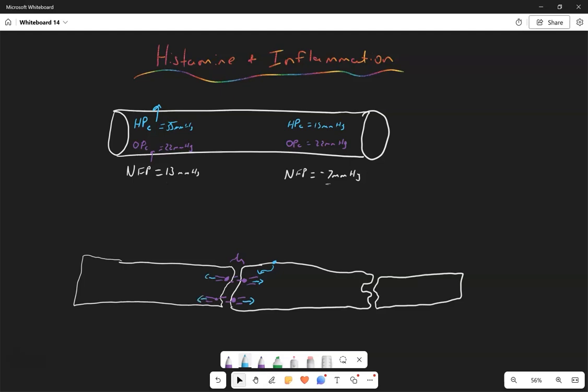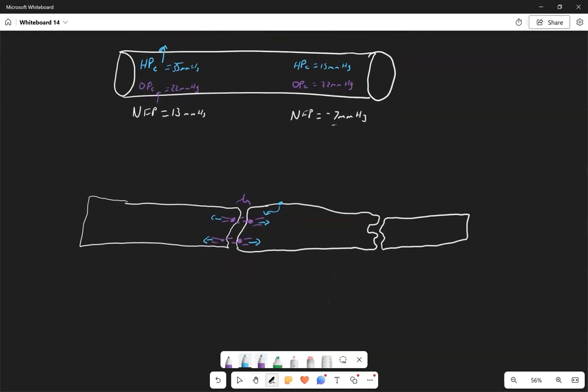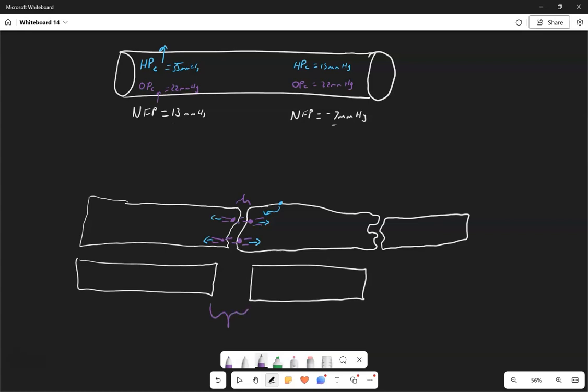So as that pulls in that direction, what do you think is going to happen to that gap? That gap is going to get wider, right? So our pore is going to get wider.